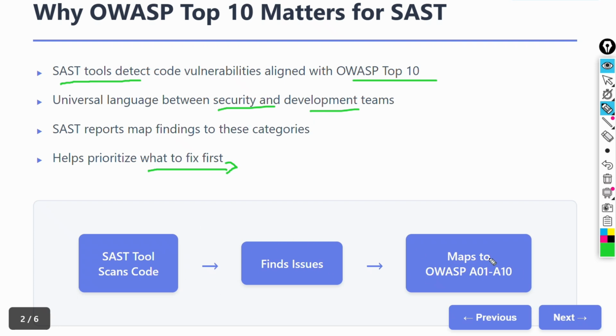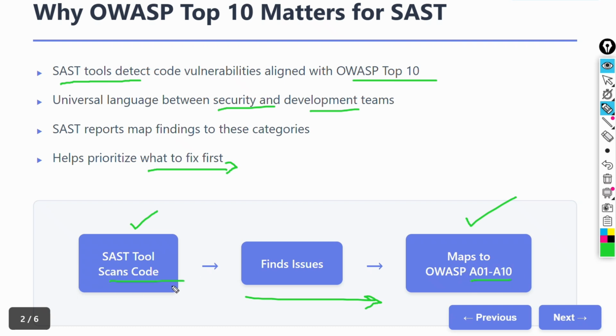And here you can see a small correlation between the SAST tools and the OWASP Top 10. Let's say there is one finding, so that will be listed under OWASP. Here the bridge is the OWASP project.